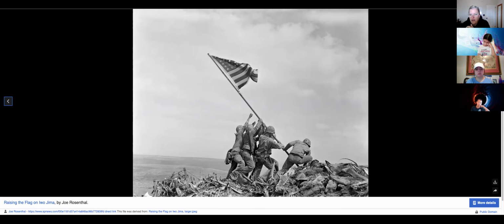They had not won this battle yet, but they made it to the top of this mountain and they put this flag up as a symbol for the Americans that they were winning. You can't see it in the picture, but in the background, on the other side of this island, you can see ships coming from America to Iwo Jima.